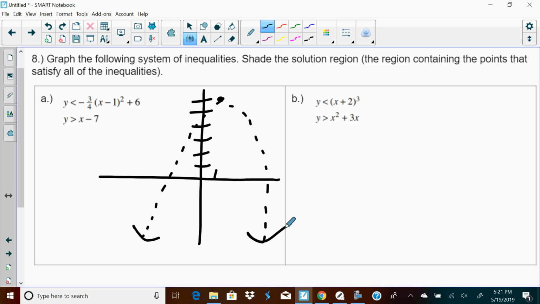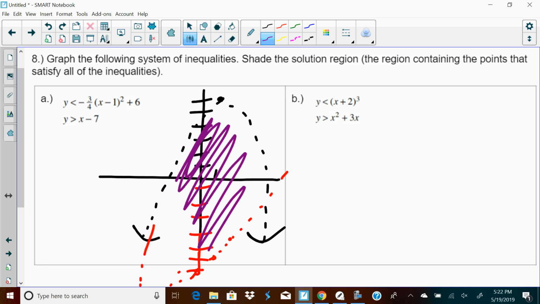The second one is x minus 7, so I go up 1 over 1, and it's a dotted line too. And this is greater than, and this is less than, so when I go to shade, I should be shading in between the two lines.